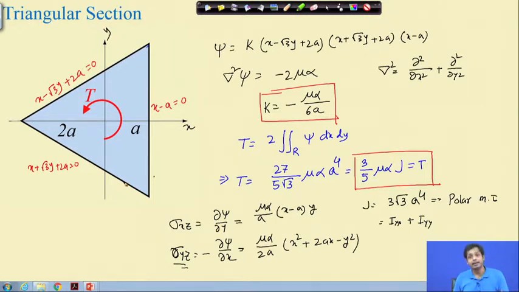Now, recall in the case of the elliptical section, once we have the expression of tau, we can differentiate it with the coordinate axis and find out for which values of x and y the stress will be maximum. One thing we observed in the example we solved in the previous class is that the stresses are maximum at the surface.